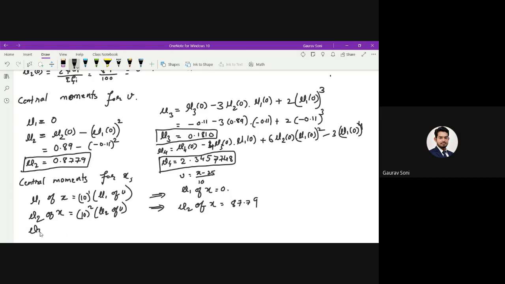Third one, mu3 of x is equal to 10 cube into mu3 of u. So that gives me mu3 of x is equal to 181.03.